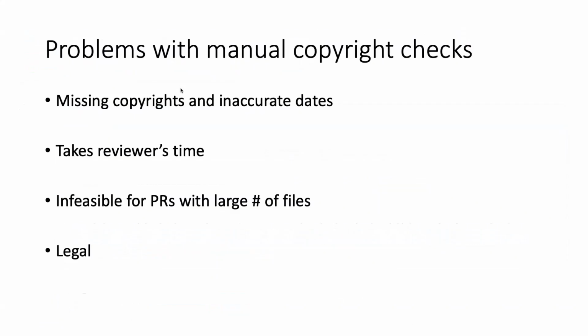So currently we do these checks manually, and recently I've noticed that a lot of copyrights are missing, and if there is oversight, even the dates can become inaccurate. So the manual checks are difficult because it takes a lot of reviewer time and also contributors' time, and it becomes infeasible when there are a large number of files in a PR.